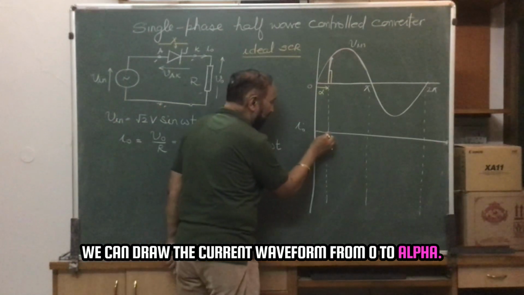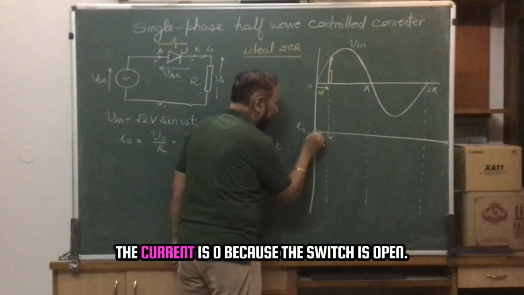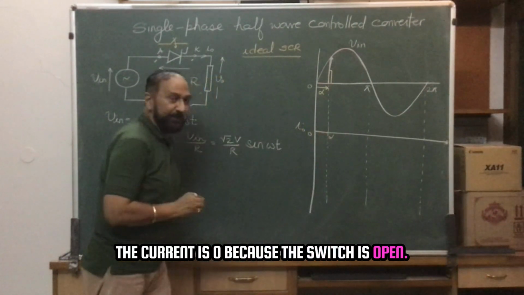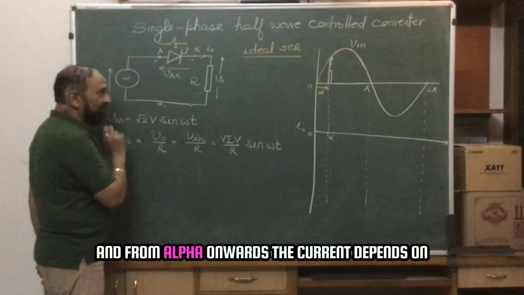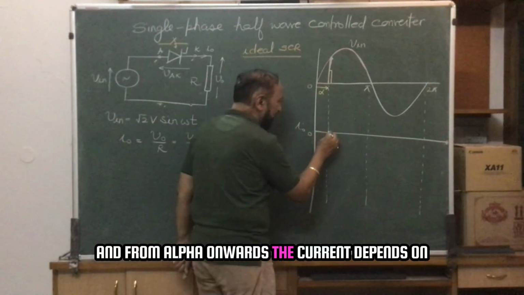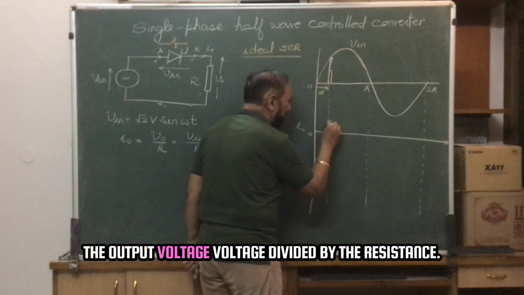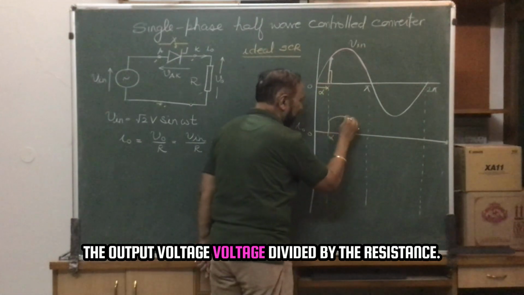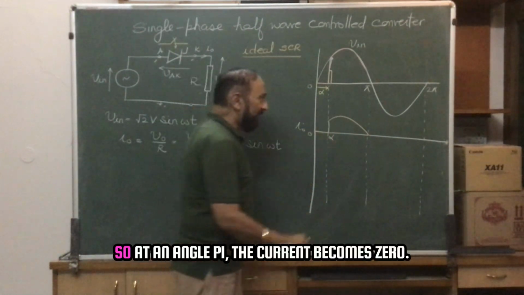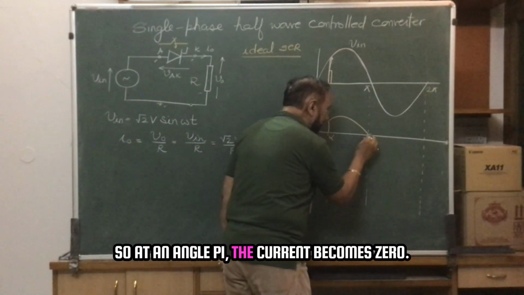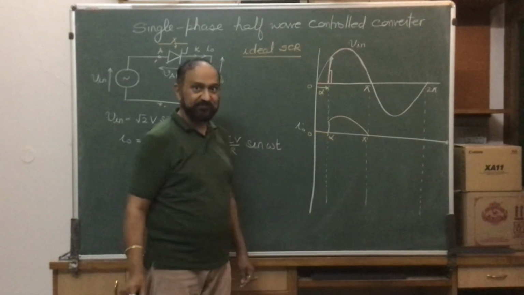From 0 to alpha, the current is 0 because the switch is open. And from alpha onwards, the current depends on the output voltage, voltage divided by the resistance. So at an angle pi, the current becomes 0.